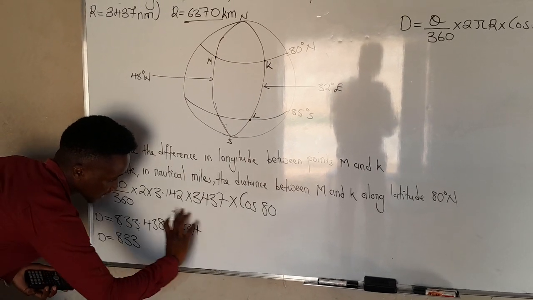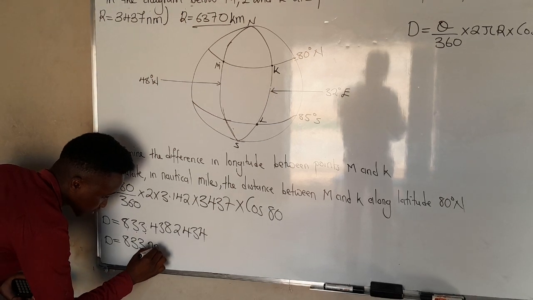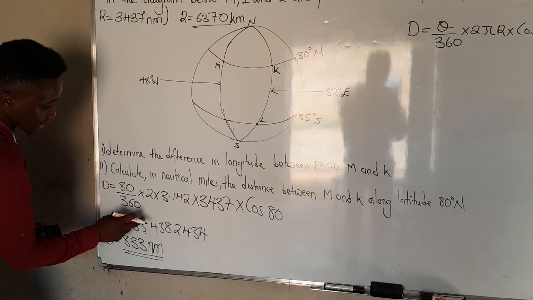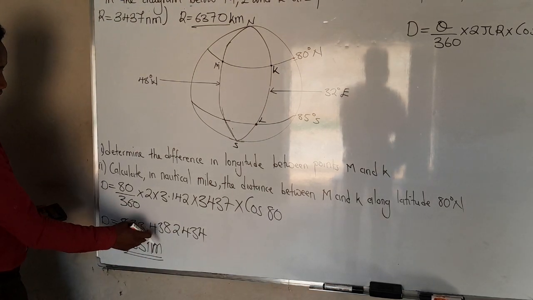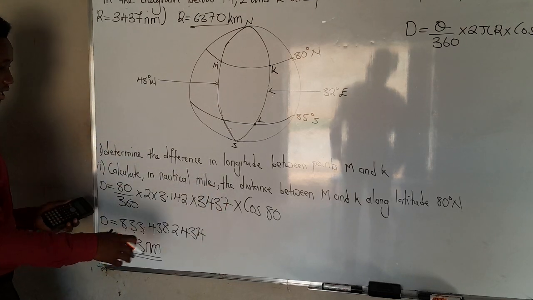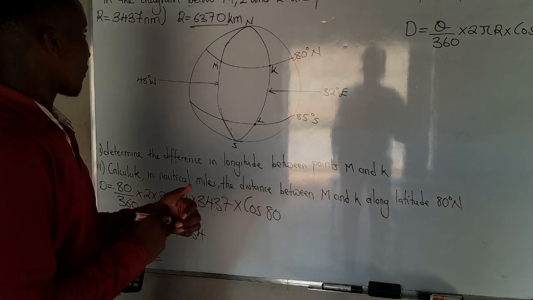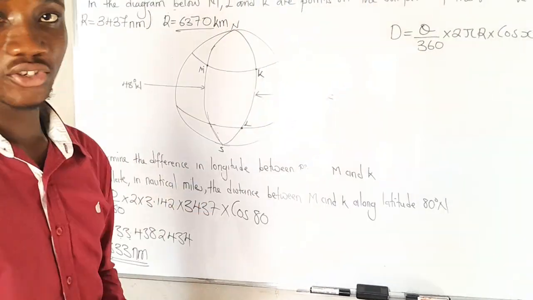Anything after the decimal point, I simply scrub it off, and I'll have nautical miles like that. If we had a 5 here, we would have added 1 and written nautical miles, but since this is less than 5, we just scrub it off. So that is how we determine the distance of 2 points that are lying on the same latitude.